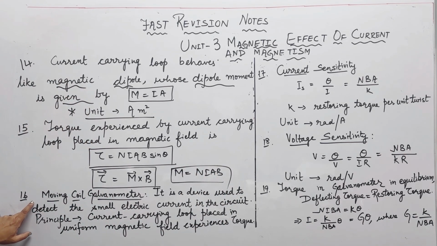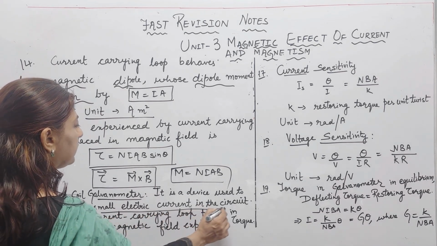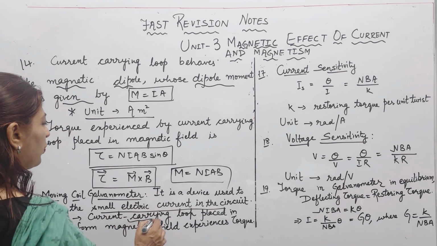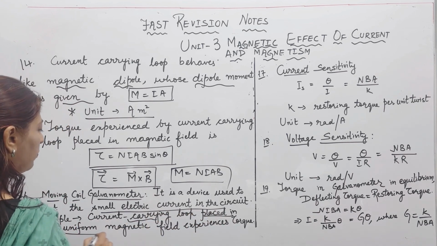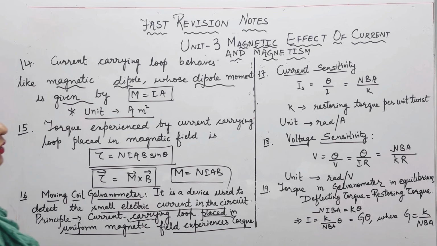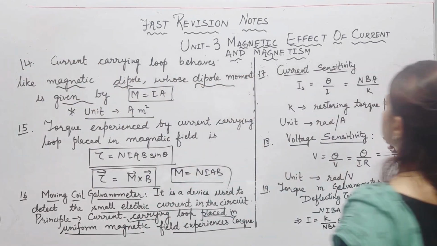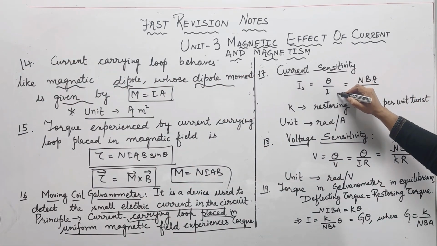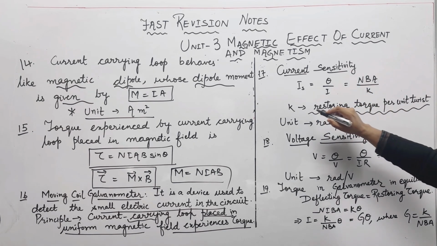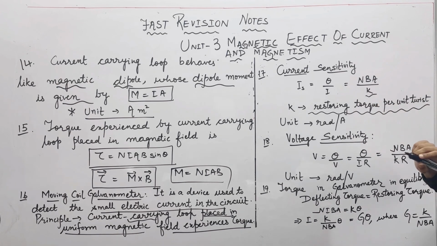Moving coil galvanometer. It is a device that is used to detect small electric current in the circuit, and its principle is that a current carrying loop placed in a uniform magnetic field experiences torque. Now the current sensitivity of the galvanometer is given by theta by I, and putting the value of I we will get this, where K is the restoring torque per unit twist.